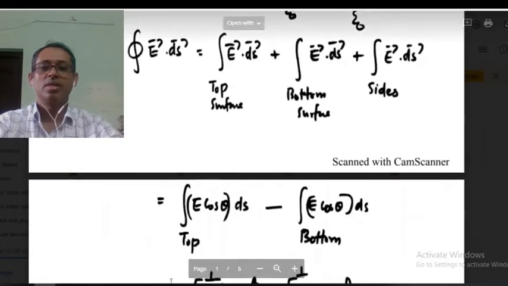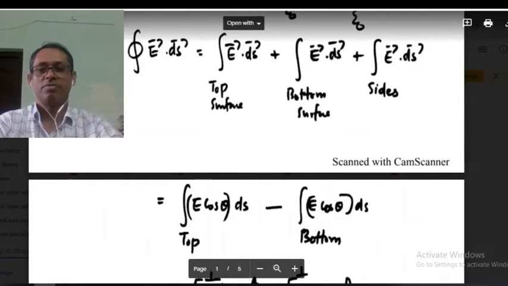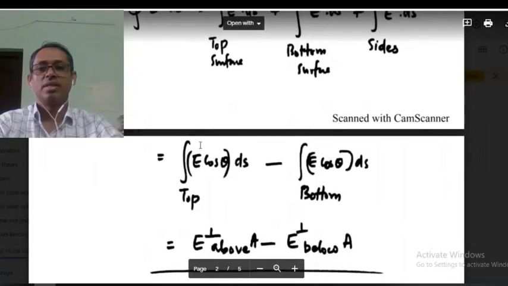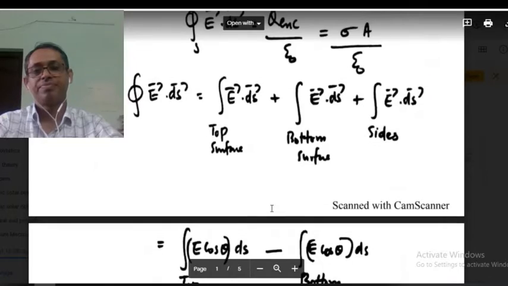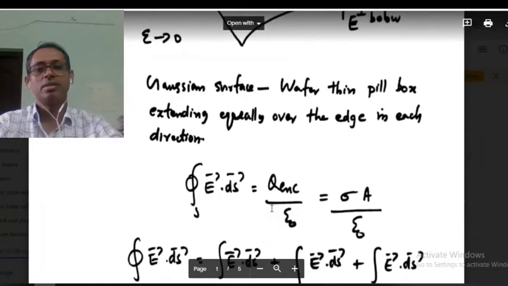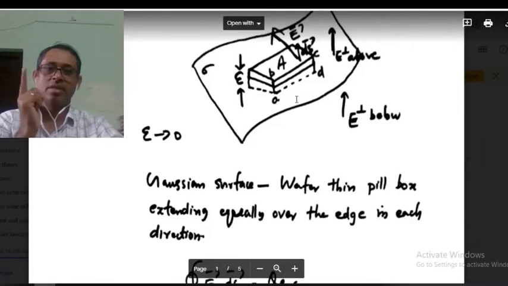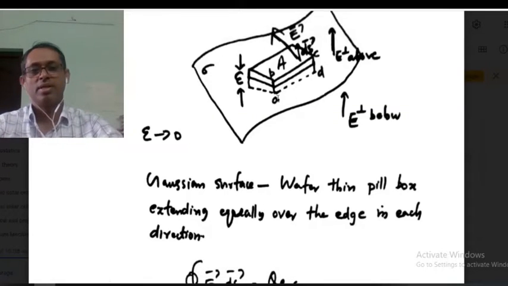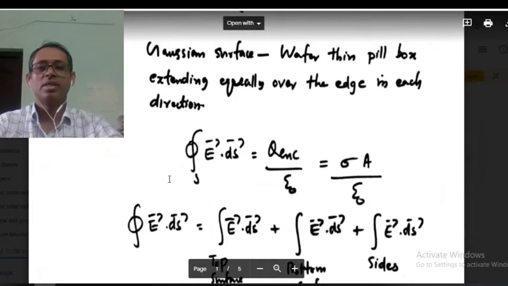So this is the E dot ds for the top surface, that is integral E cos theta ds, where ds is the small area vector normal to the surface.